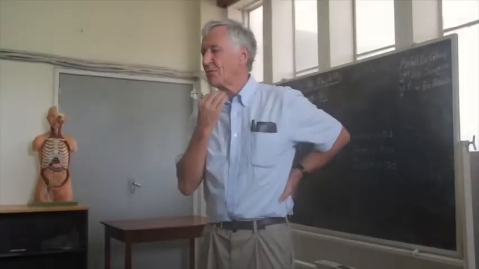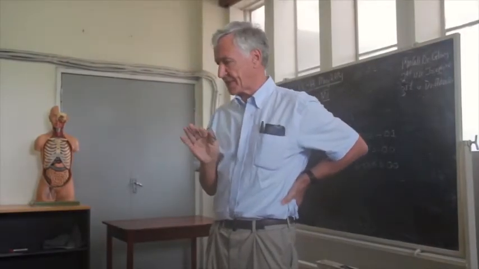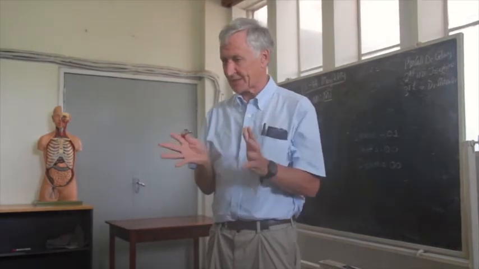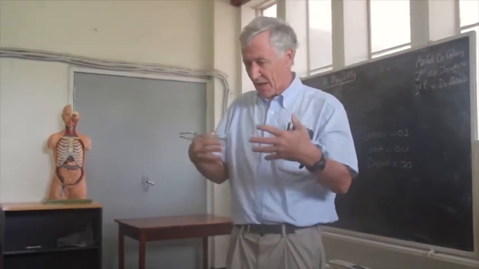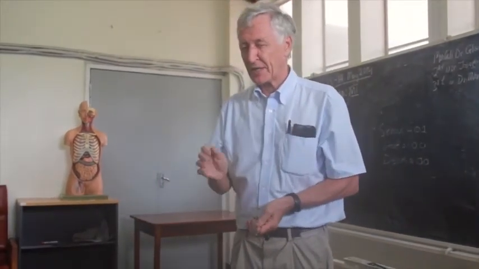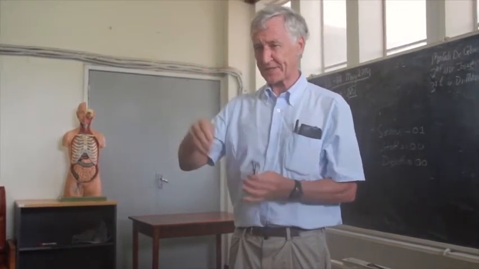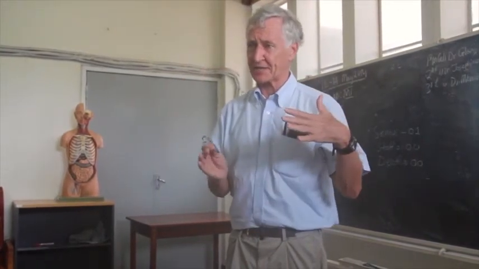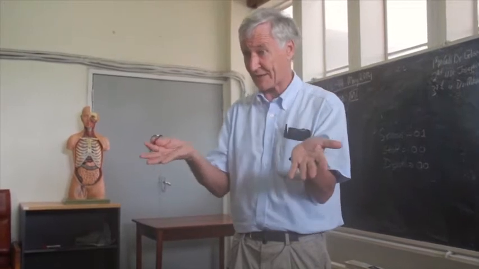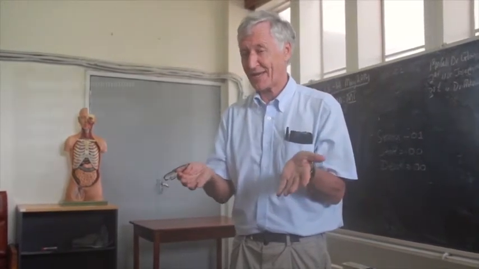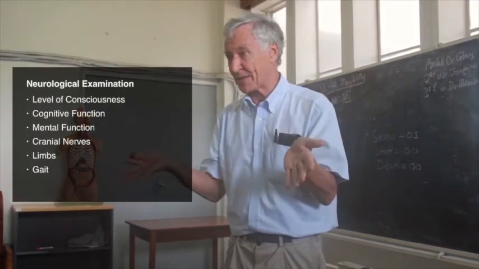So moving on to what's called the neurological examination, and this often starts with the student observing the patient generally. Now, this is a very big area because it involves the patient's level of consciousness, which becomes immediately apparent to the student.